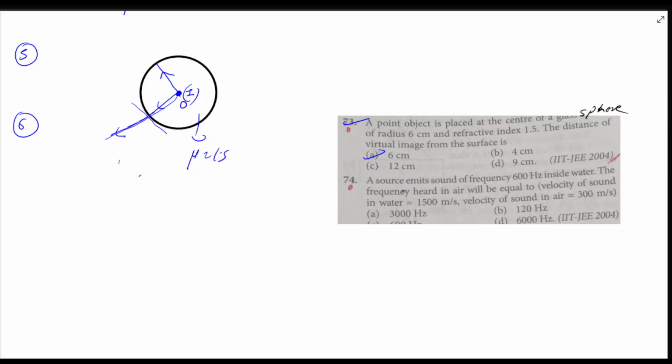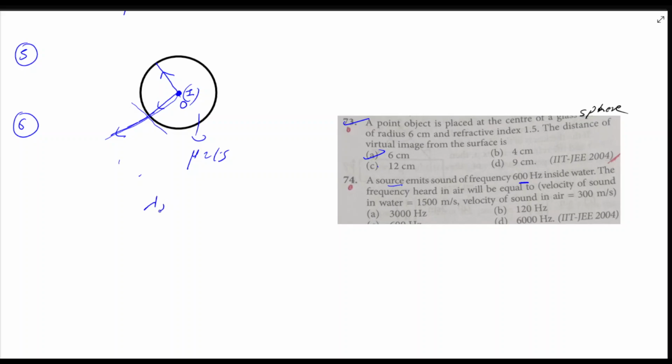Quite nice, right? A source emits a frequency of 600 hertz inside water. The frequency heard in the air will be equal to what? Look, the frequency is source dependent, right?